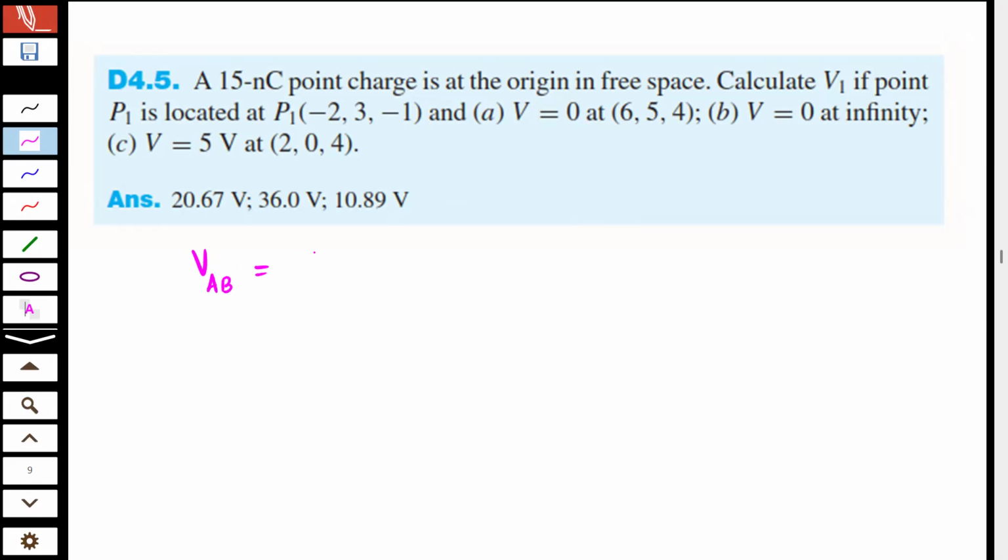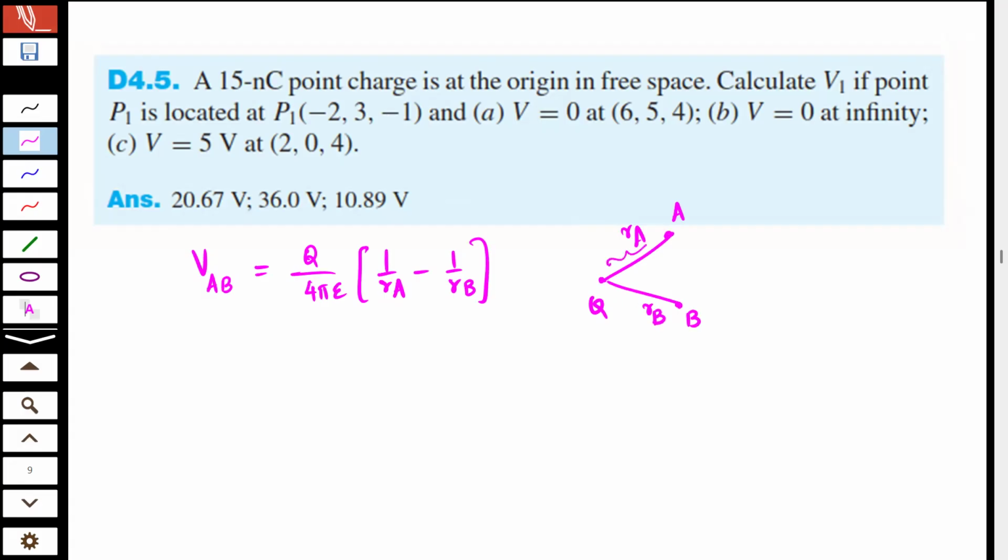If the potential is found for a point charge, it has to be Q by 4 pi epsilon, 1 by RA minus 1 by RB, where this RA and RB are the distance of point A from charge and distance of point B from charge respectively. So this distance is RA and this distance is RB. So with this formula, we are going to find the potential and the potential difference.